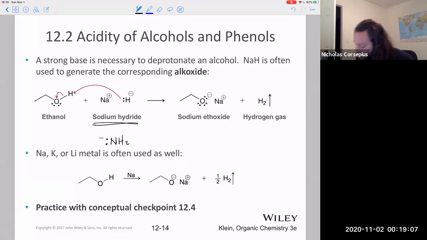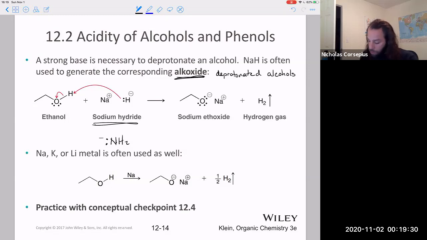And if you did this, what you would generate is what we call alkoxide ions, or deprotonated alcohols. And we see these alkoxides being used as strong bases a lot in our substitution and elimination chapter, right? So they're good, strong bases.